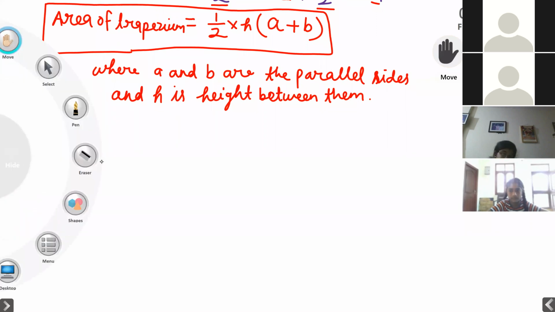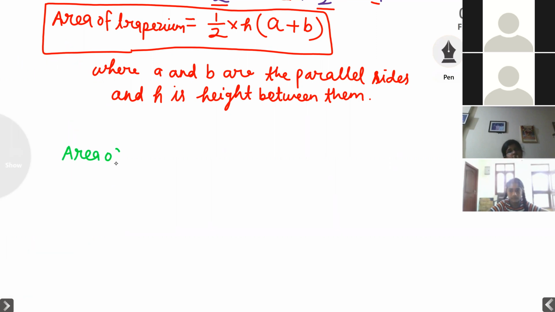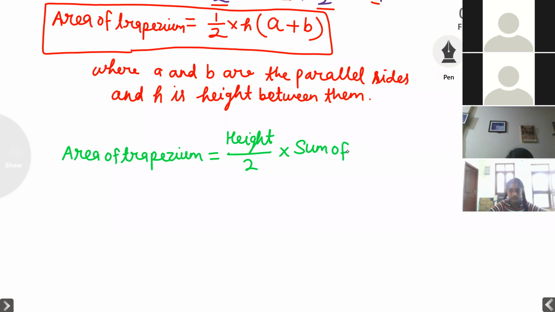We can write it in a statement: area of trapezium equals height by 2 into the sum of the parallel sides.